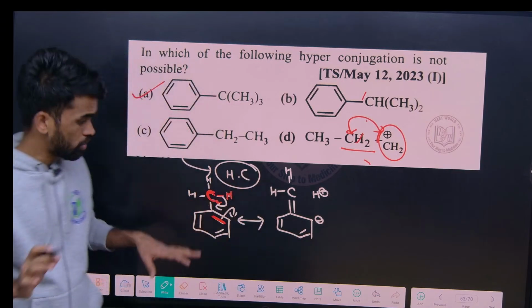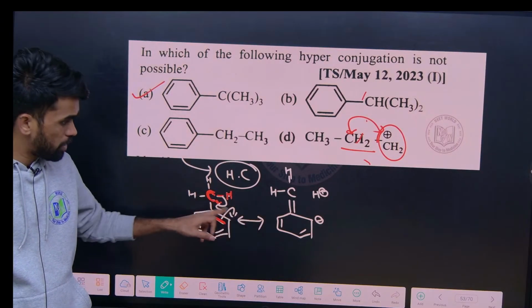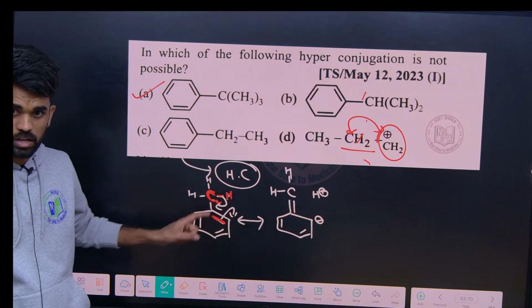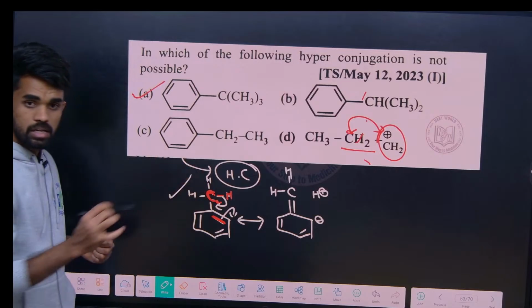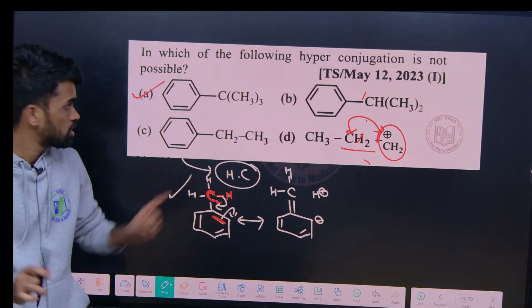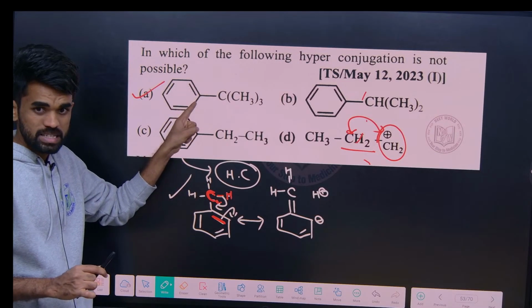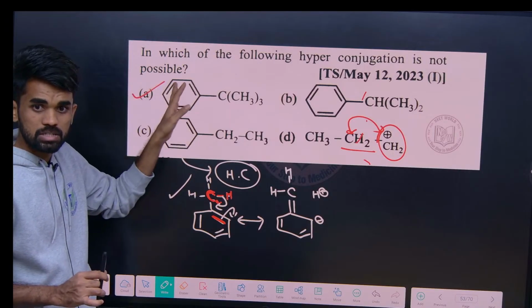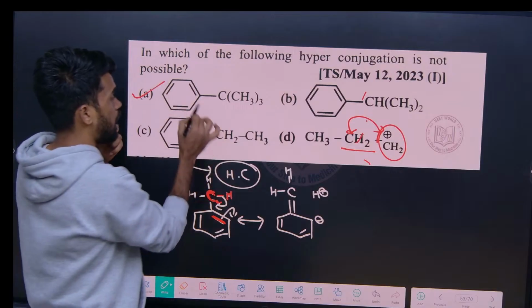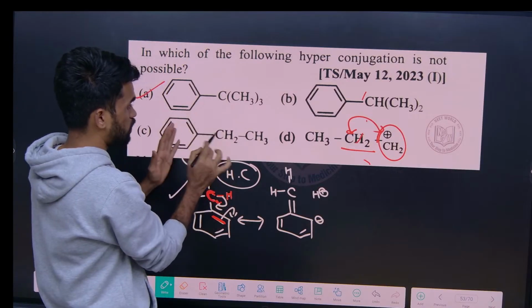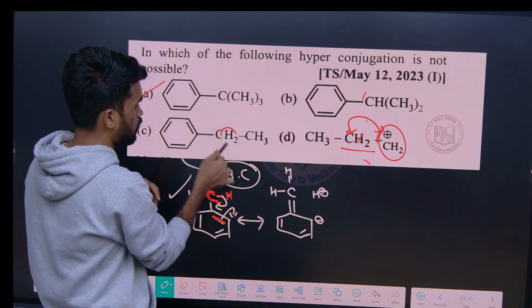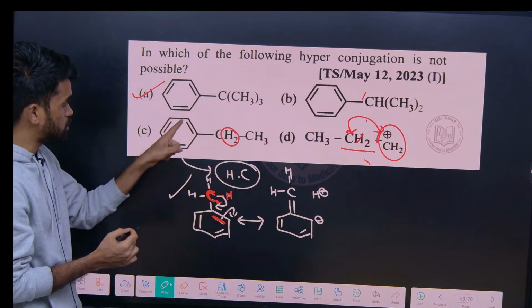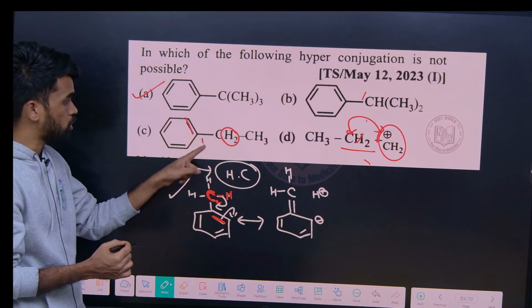Like this, alpha hydrogen is shifting. So alkenes are stabilized by hyperconjugation. This is also an alkene, an unsaturated triene. If you check for alpha hydrogens with respect to the double bond, yes, you have them, so hyperconjugation is there.